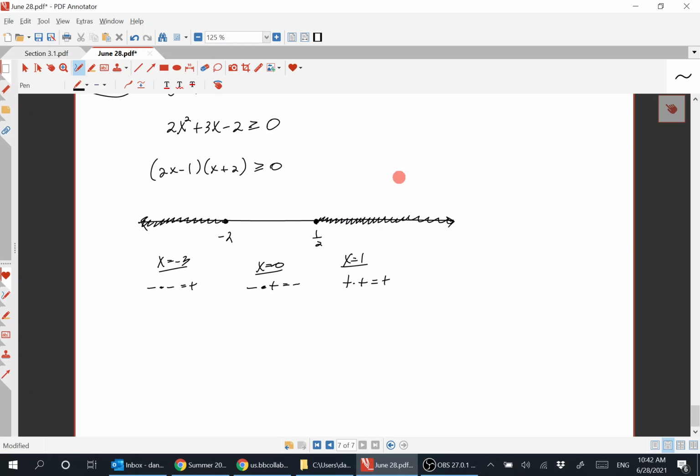All right, so the solution is minus infinity to -2, union positive 1/2 to plus infinity.